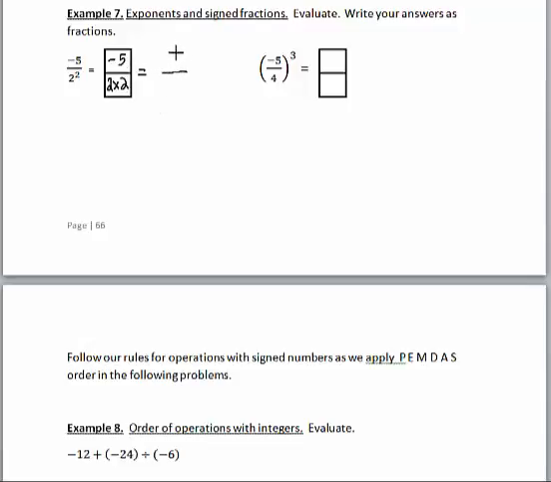Just looking at the numbers, we have a 5 over a 4. We only had one negative, so it just kind of rides along with it. Okay, so we get a negative 5 over 4.